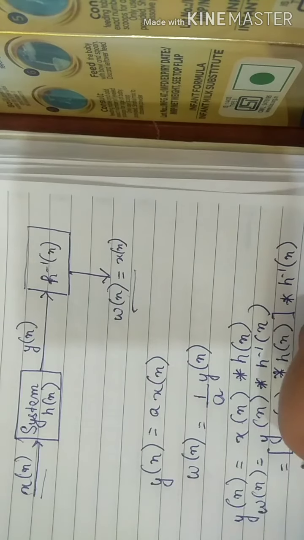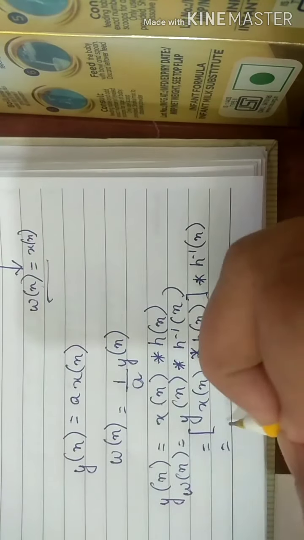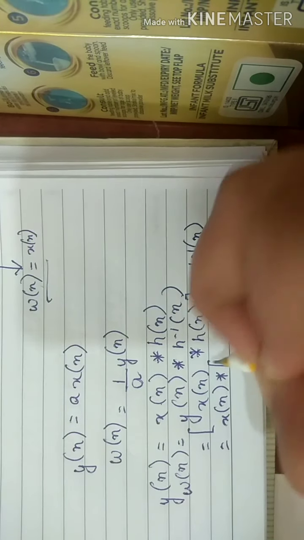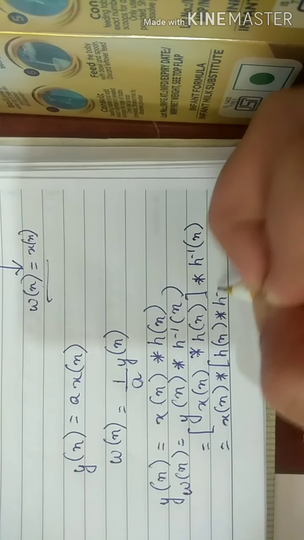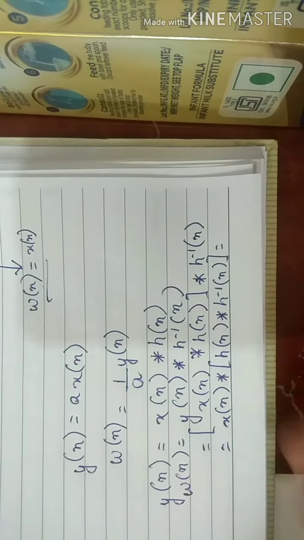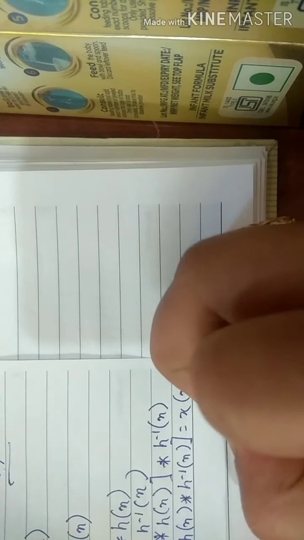So this can be further rewritten as x[n] convolved with h[n] convolved with h inverse[n], which will finally give us x[n].